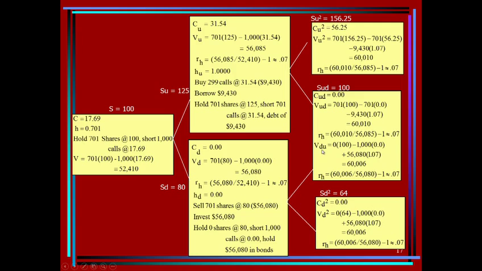If the stock price goes down first before it comes up, again your value is 60,000, and you still earn 7%. So likewise here. You can see from this slide that regardless of what happened to the underlying price, you continue to earn your risk-free rate of return in every period, right?